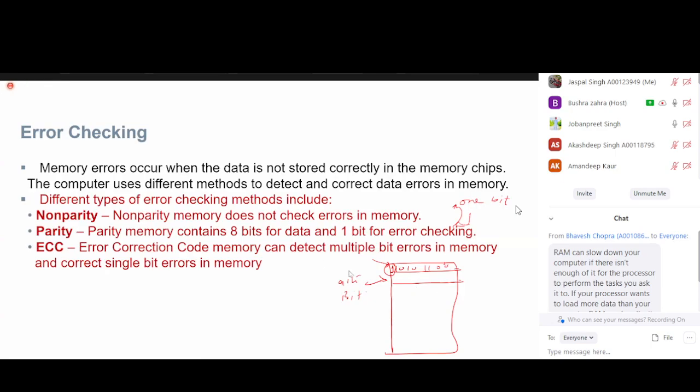So we're talking about the error checking technique. There are two main types. One is the parity kind, and another is the ECC. Parity basically checks one bit error out of 8-bit data. If any bit changes, we say the parity of the data is changed and it will detect the error. ECC checks multiple bit errors and can not only check but also correct errors.